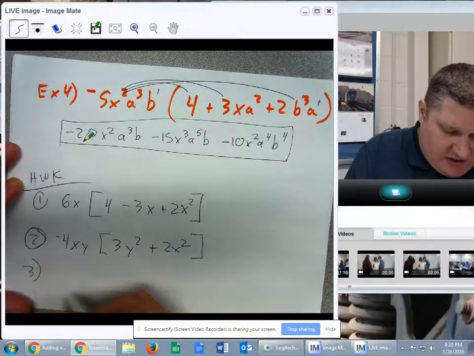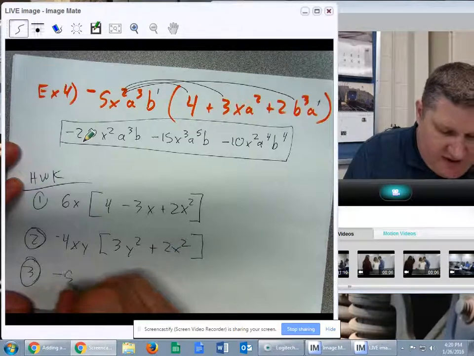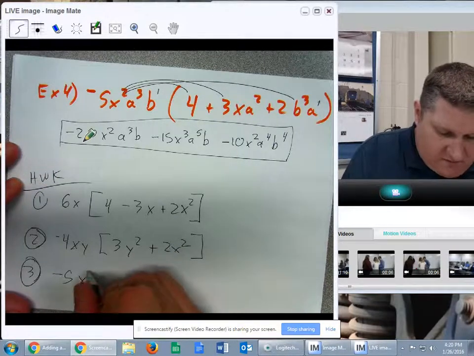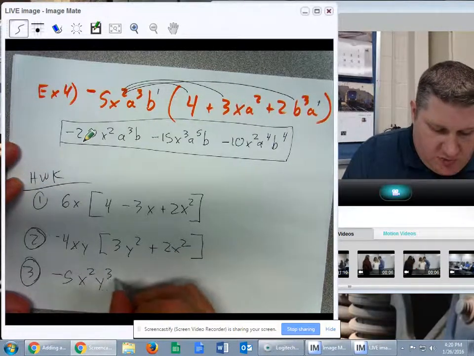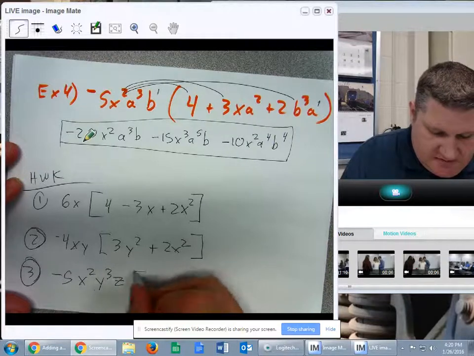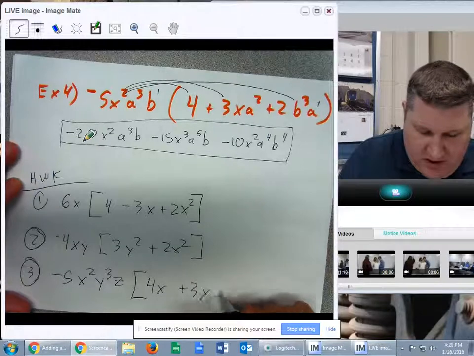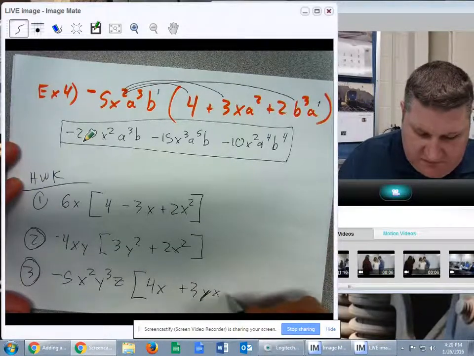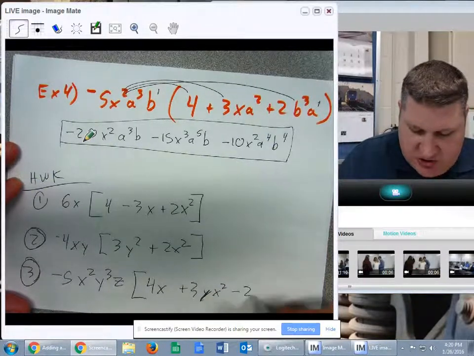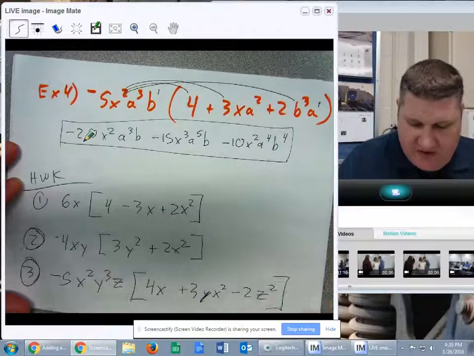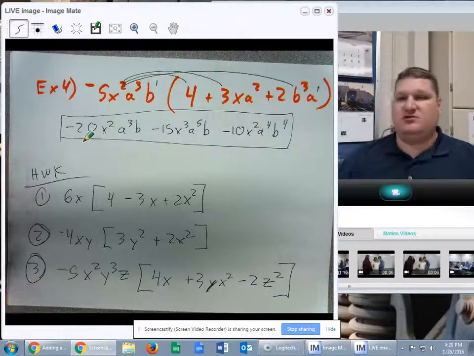And number 3, come up with negative 5x squared y cubed z times 4x plus 3y x squared minus 2z squared. There you go. Give that a whirl, see what you can come up with.